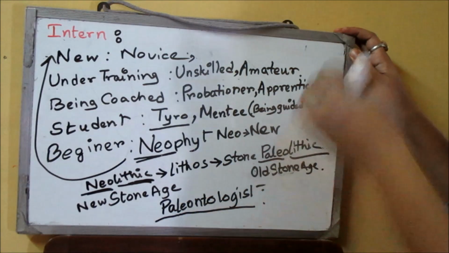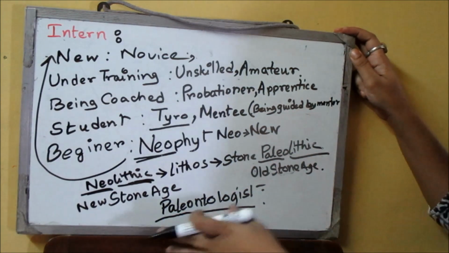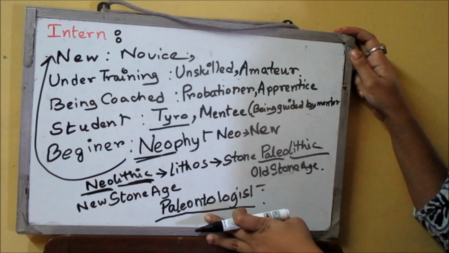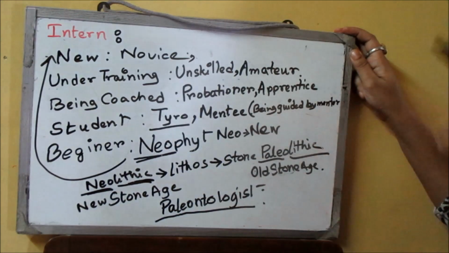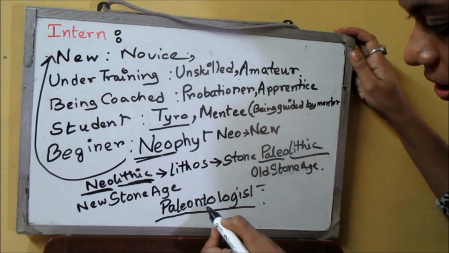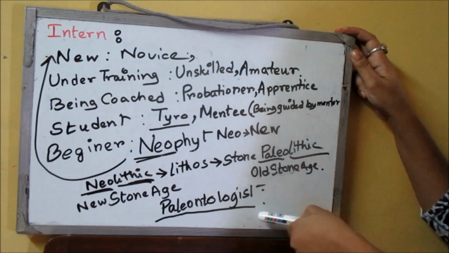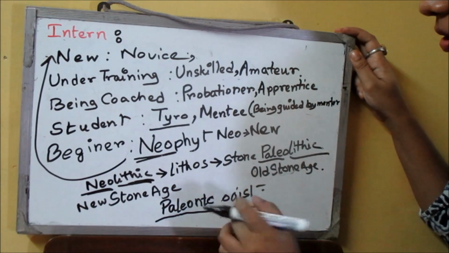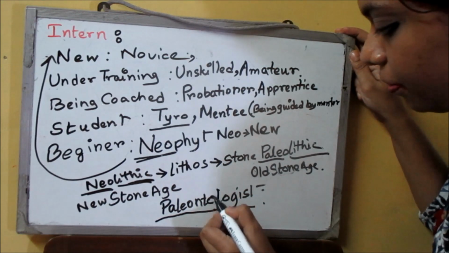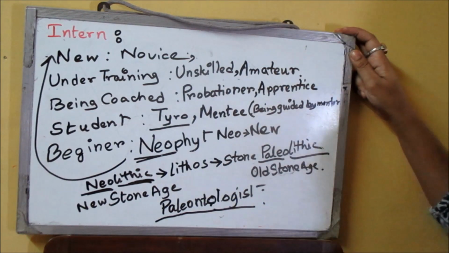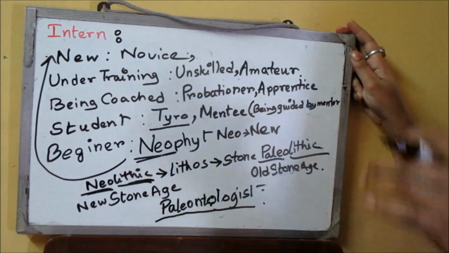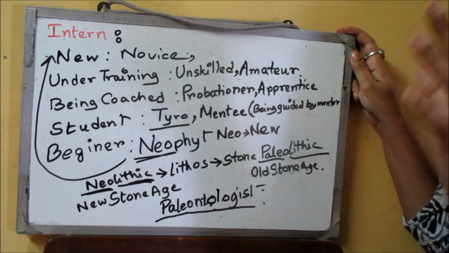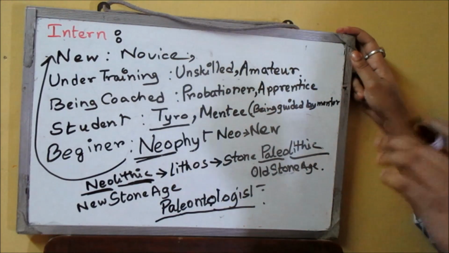So the word paleontologist, okay? The word paleontologist is basically, first let's go through the word logist. We have already seen the suffix ologist before, right? Ologist is a person who is an expert in a certain branch or a certain subject.